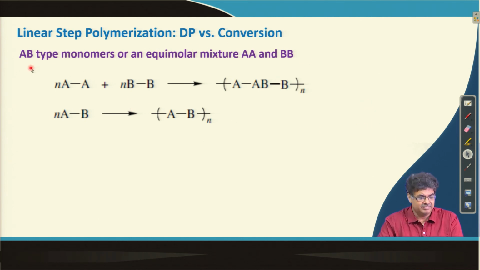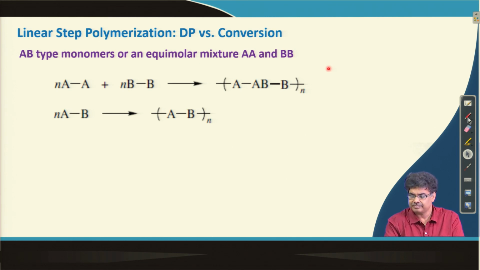First we will take the simplest case where we take AB monomer, where the molar ratio of A group and B group is always 1:1, or an equimolar mixture of AA and BB molecules, which will ensure that the molar ratio of A functional group and B functional group is r equals 1.